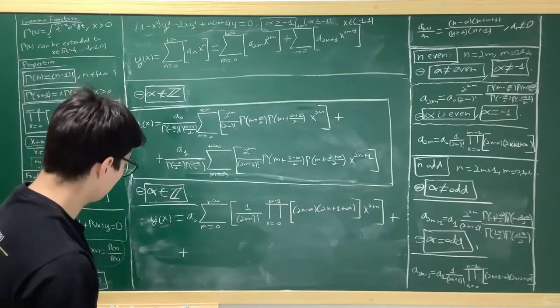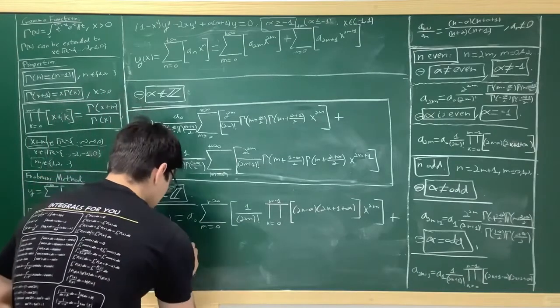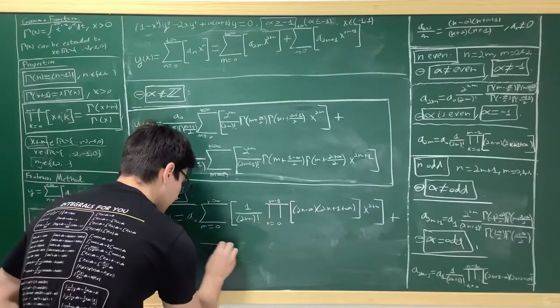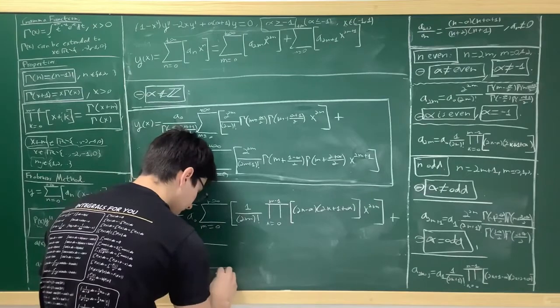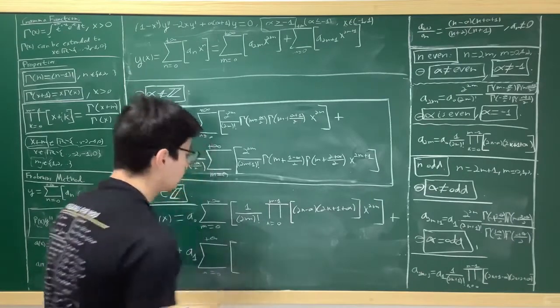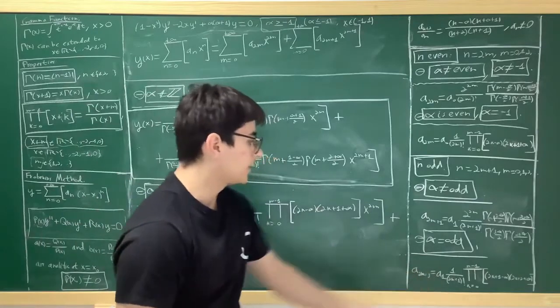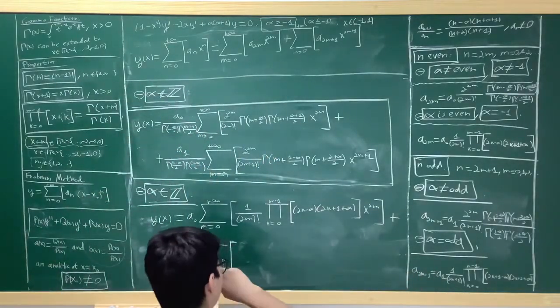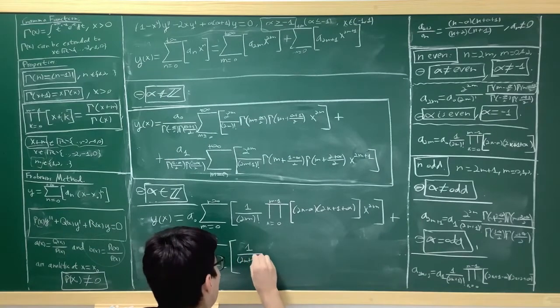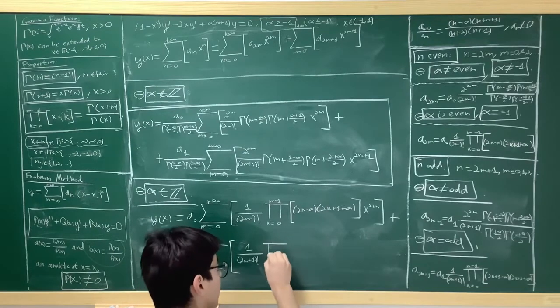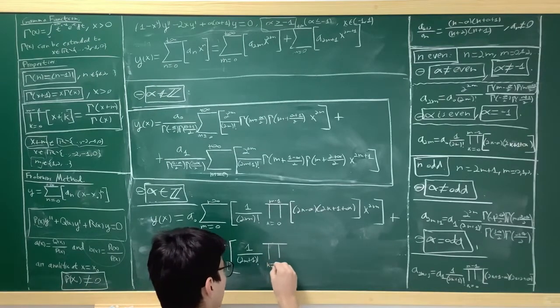Now we have to add the odd part of the solution, corresponding to 2m plus 1, sorry. We are working with this part right here: 1 over 2m plus 1 factorial and this product, which we cannot, as we said, write in terms of gamma functions because we will end up with some problems.